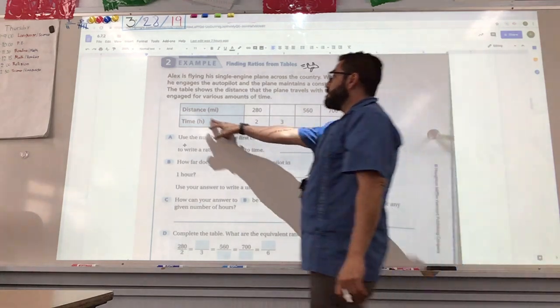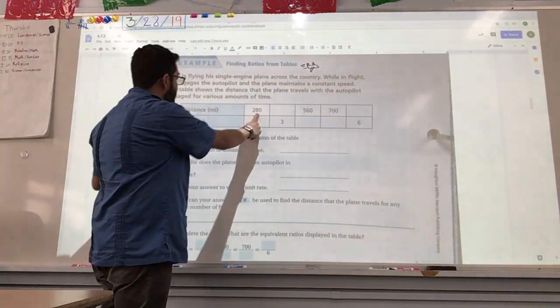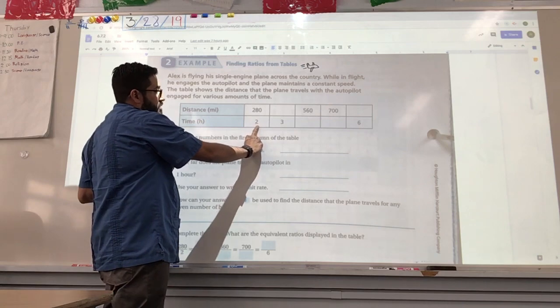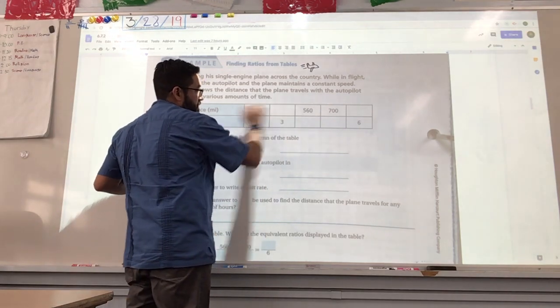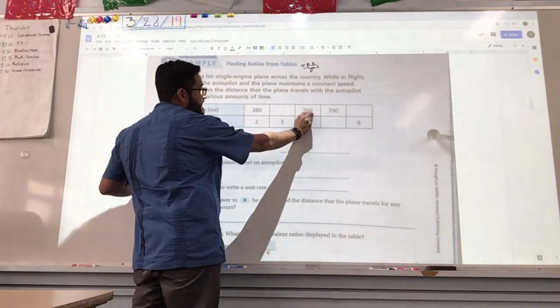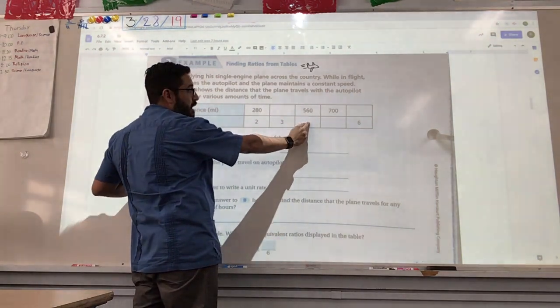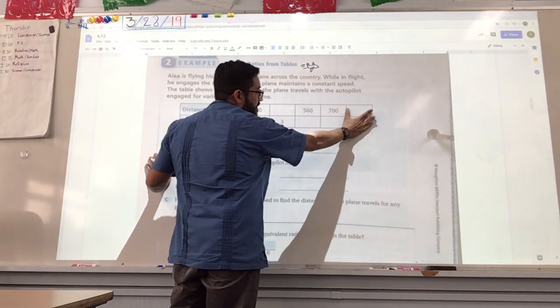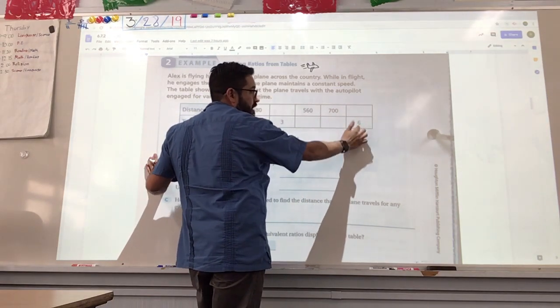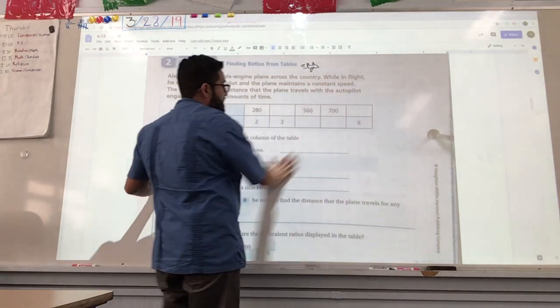So, at distance of 280, he flies that for 2 hours. At 3 hours, we're not sure how much he flies. At 560, we're not sure how many hours that's been. At 700, we're not sure how many hours that's been. And then up here, we're not sure how far he's gone in 6 hours.